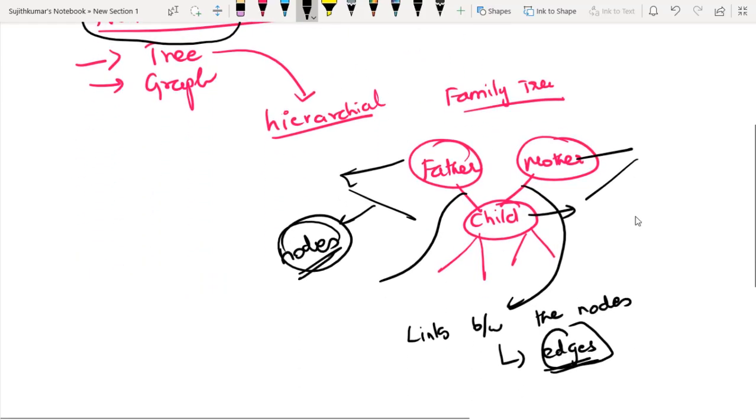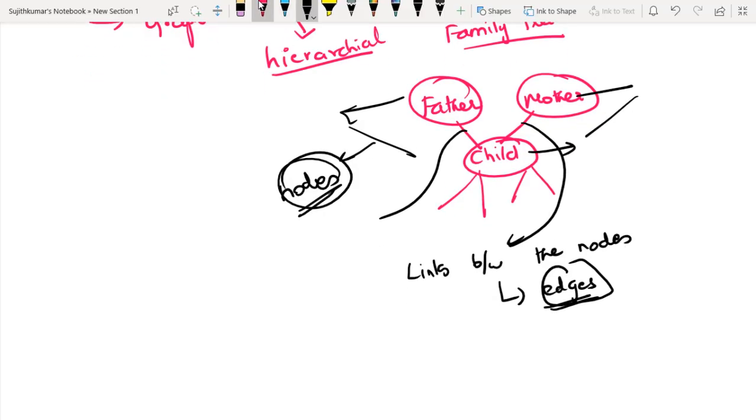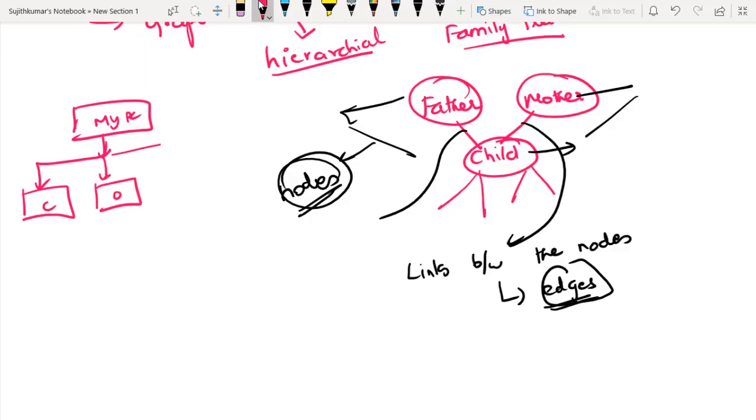The tree has its own applications in a lot of places where you want to have a hierarchy. The best example is the file system on your computer. Let's say I click on My Computer, and I'll get a lot of drives there: C drive, D drive, E drive.